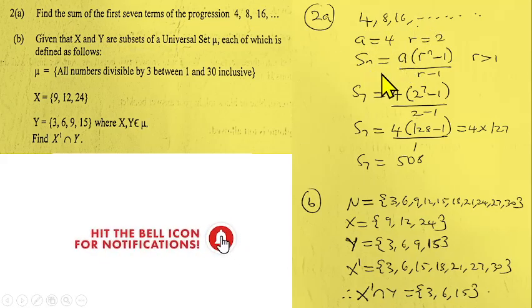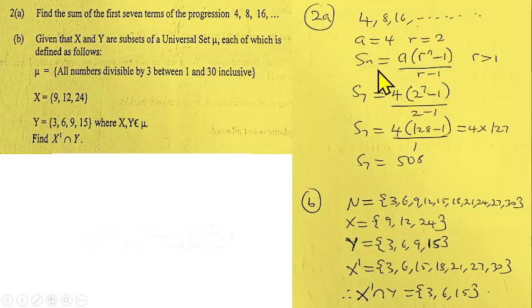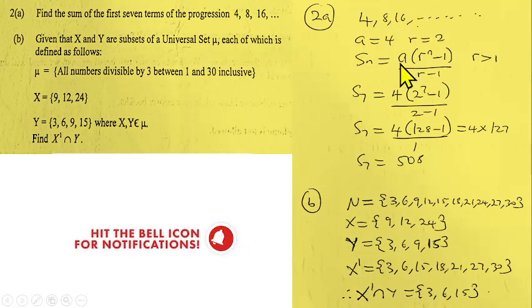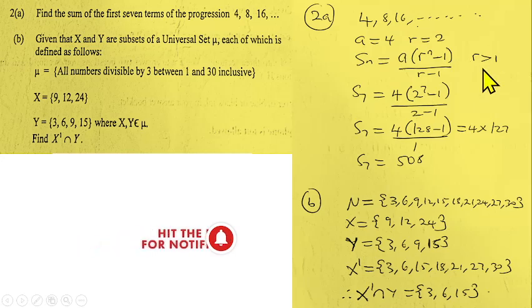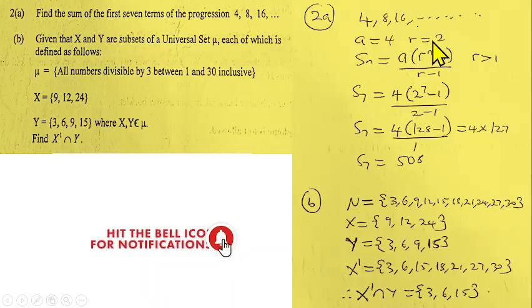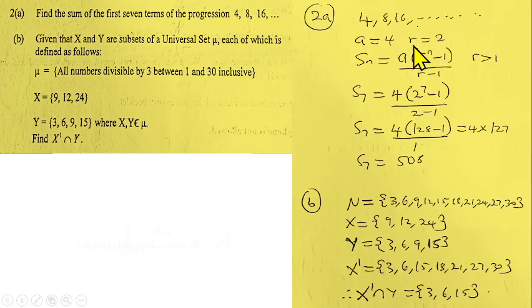But we know that when it comes to summing geometric progression, we have 3 formulas for summing it. There's sum to infinity, there's sum when the common ratio is greater than 1, and there's sum when the ratio is less than 1. So in this case, our ratio is greater than 1 because we have r equal to 2 here.